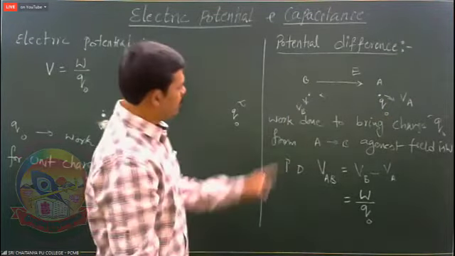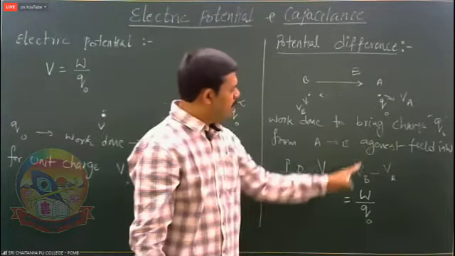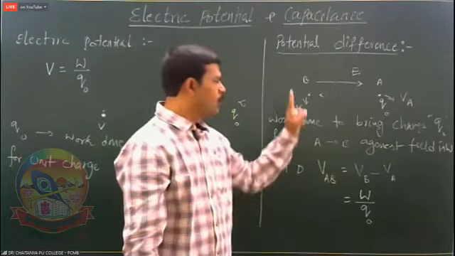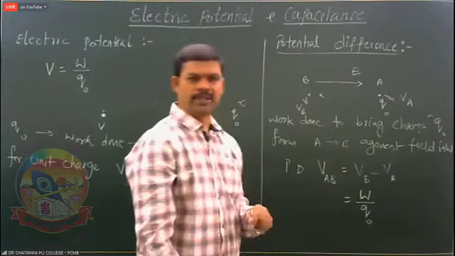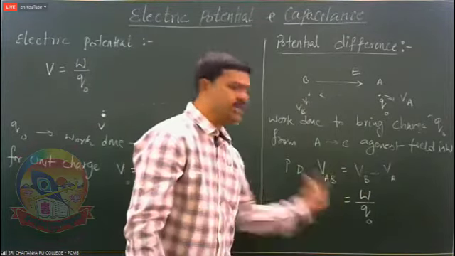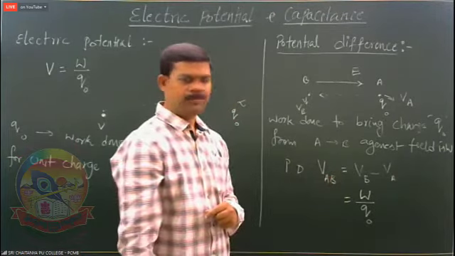For bringing the charge Q0, if W is the work done, for unit positive charge, how much? W by Q0. This is the potential difference.